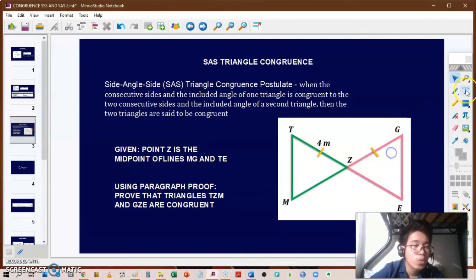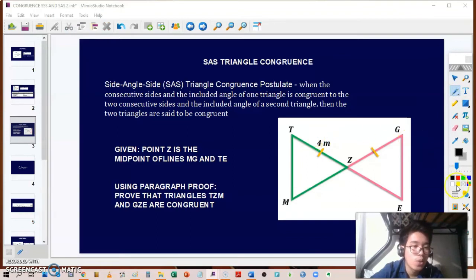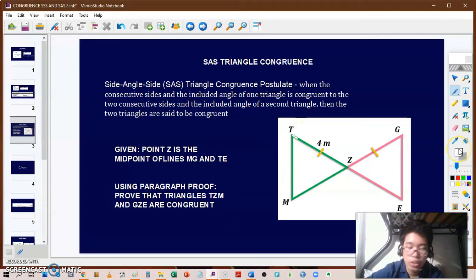What do we mean by consecutive sides? They are the sides that come together in order. In order we have here PZ and ZM, and we also have GZ and ZE.